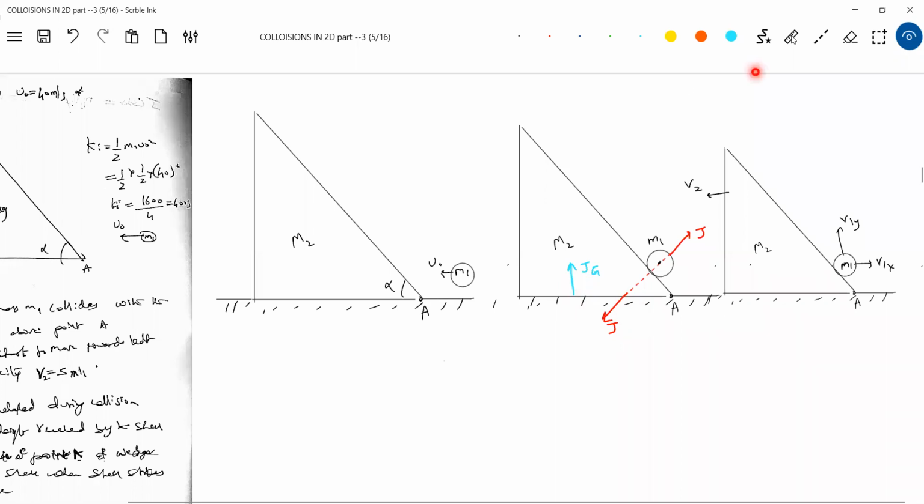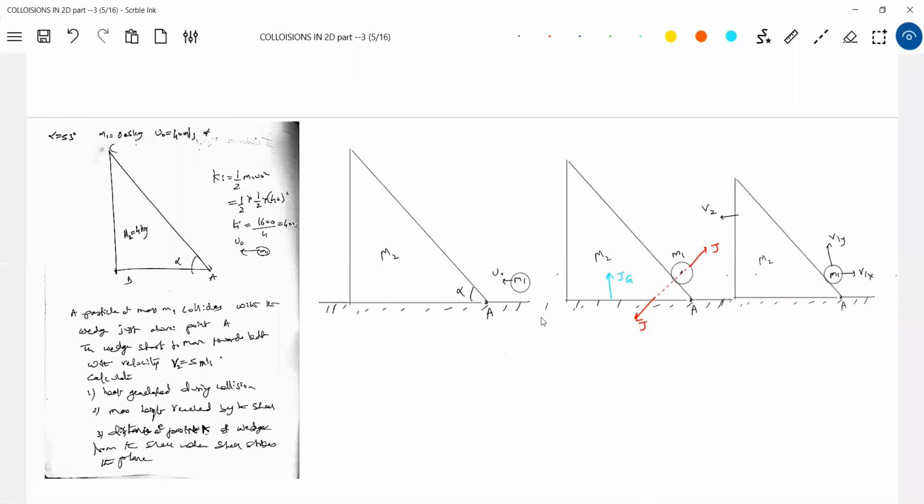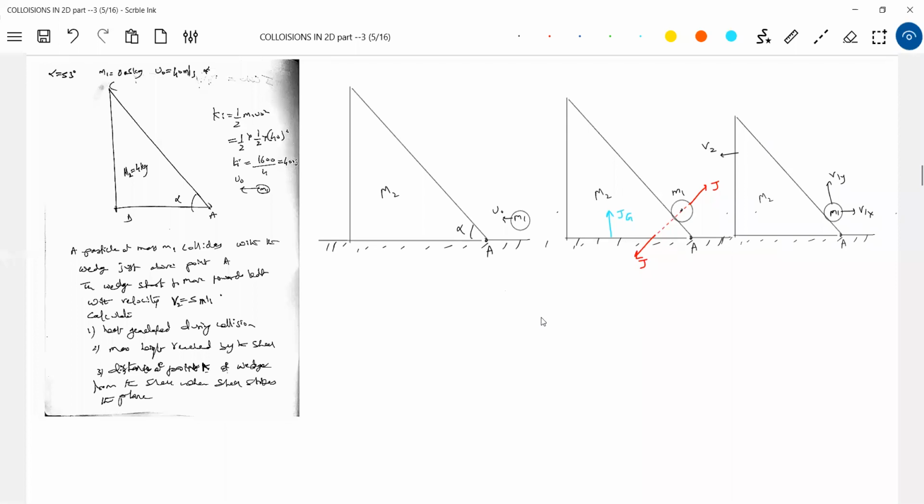And there's something more troublesome. Now, in which direction is momentum conserved? Looking at the diagram, I am showing everything in sequence here. Can I conserve momentum along the line of impact? What is the line of impact? The direction in which the impulse is acting.